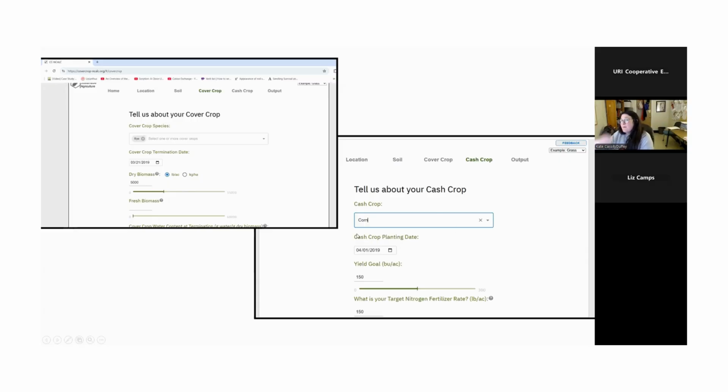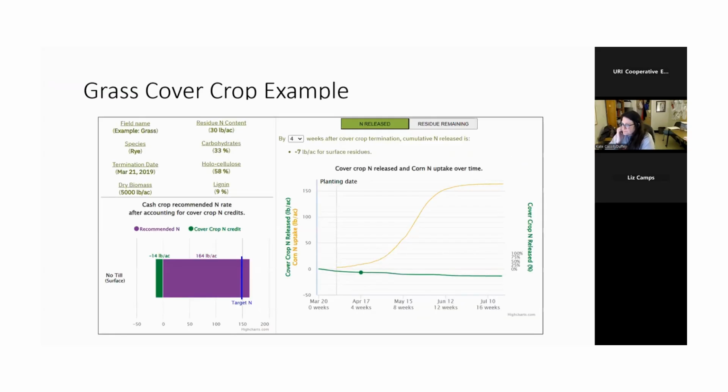Then you tell it about what cash crop you want to grow, and it figures out how much your nitrogen needs are based off of a yield goal, and it gives you a target nitrogen fertilizer rate. And you go through, and you type in a few other parameters of the cover crop that are set into the program, and then it gives you this output.